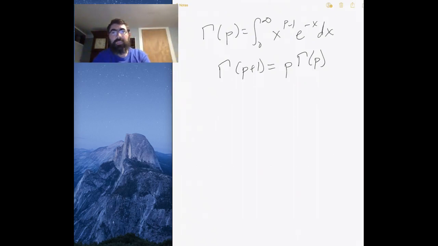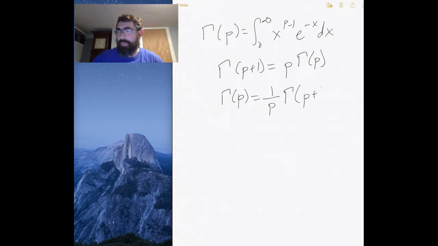So the question is, how can we now apply that to any number? If it's a negative number, a positive number, a fraction, any real number, how can we apply that? One thing we can look at is, why don't we switch this around and say gamma p is 1 over p times gamma of p plus 1.